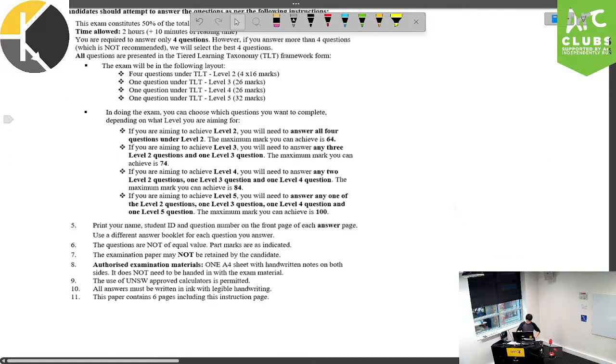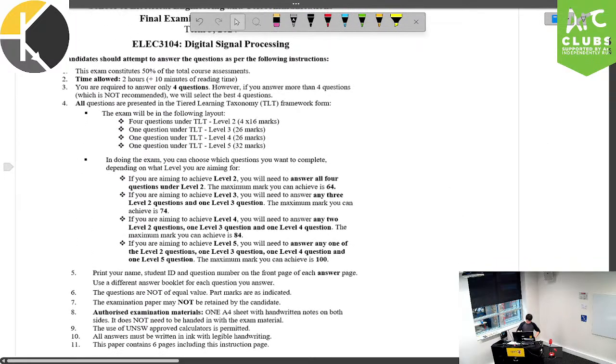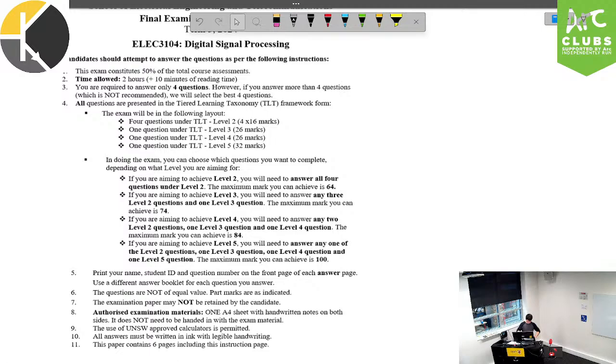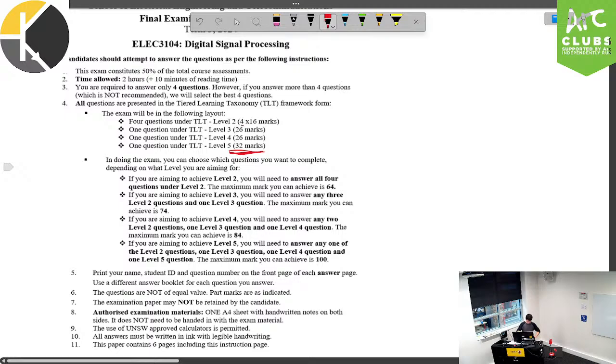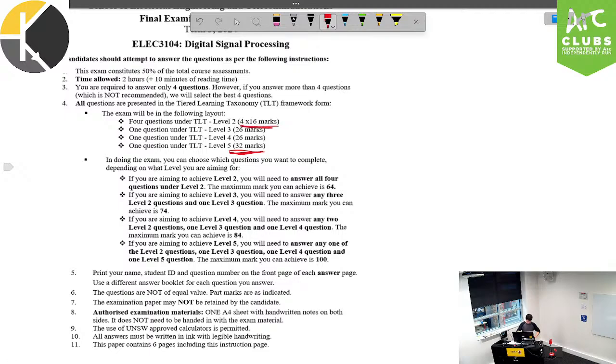So what we urge you to do is ensure that you read all the questions first. You can work in a top-down approach to see, okay, here are the questions with the most weighting. Let's work down from there. Potentially, this is something I can do. Does it fit the time? And it's really important because when you look at TLT5 in respect to TLT2, it is twice the weighting.